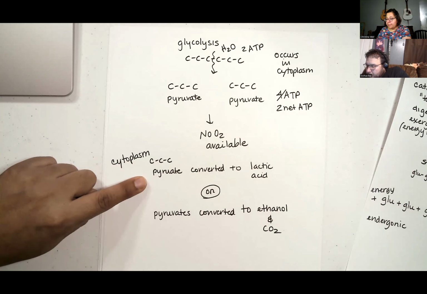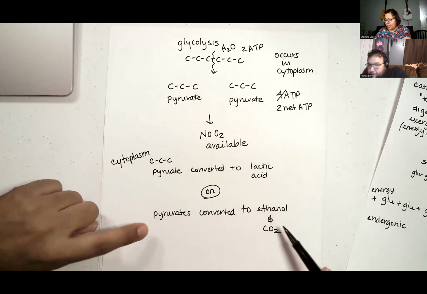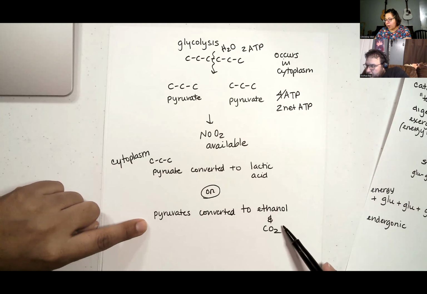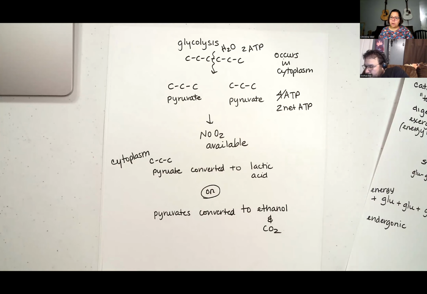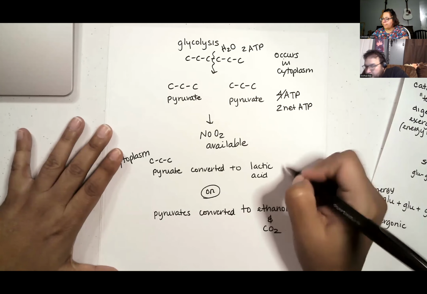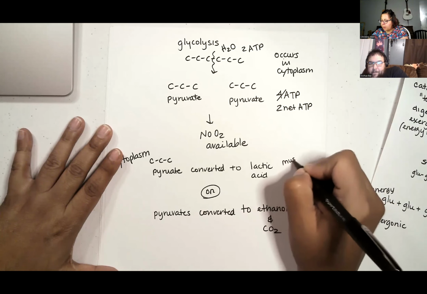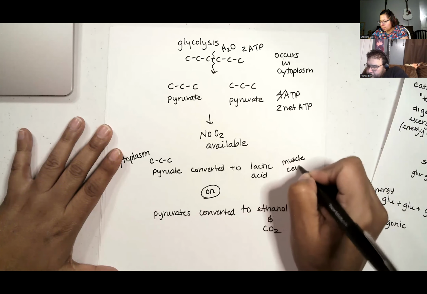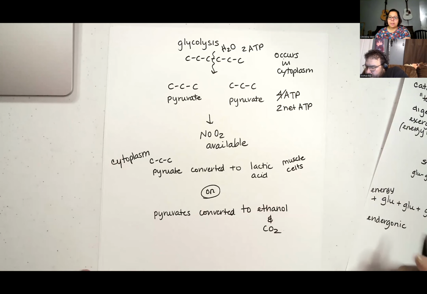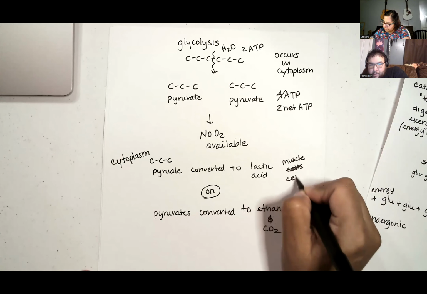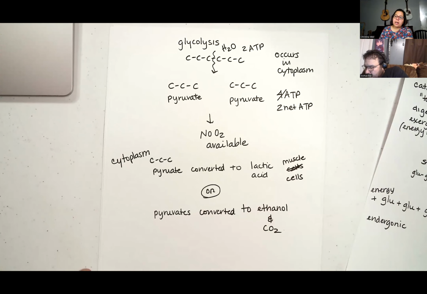The difference between making lactic acid and making ethanol and carbon dioxide depends on what kind of cell you are. If we're talking about animals, this is very common in muscle cells. In fact, you and I, this is what we do when we undergo fermentation: we make lactic acid.